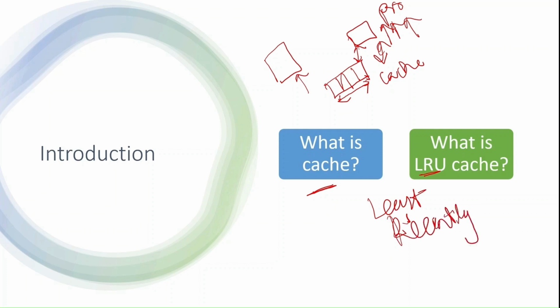So least recently used cache is a powerful data structure in the computer science field which optimizes data retrieval and storage. LRU cache has lightning fast access to frequently used items while discarding the least recently used elements. It has high performance over other caches. So let's quickly get to an example of how it works.